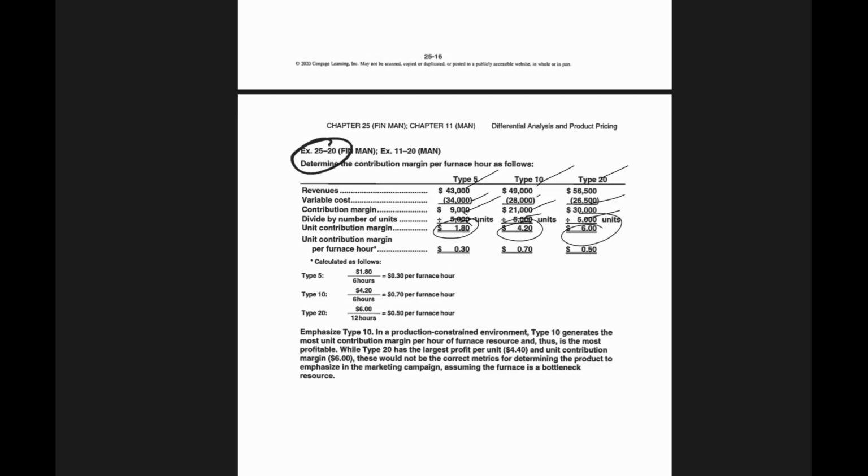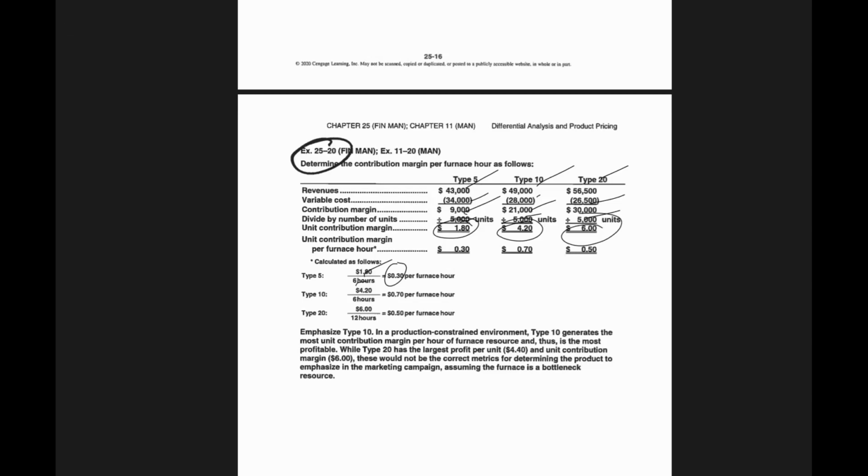But what we need to calculate is the unit contribution margin per furnace hour. So if our contribution margin is $1.80 for type 5, but it takes 6 hours in the furnace, that's a 30-cent per furnace hour.